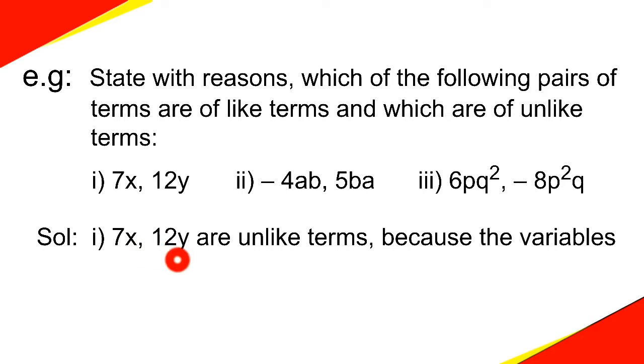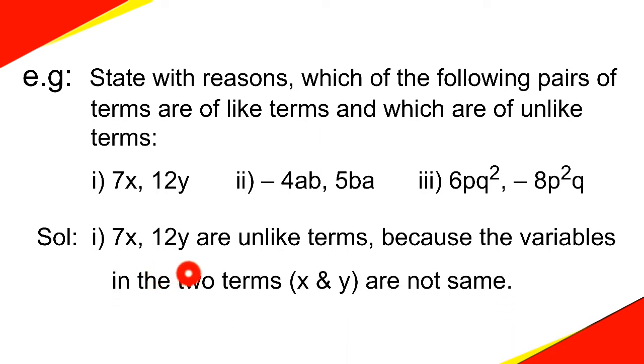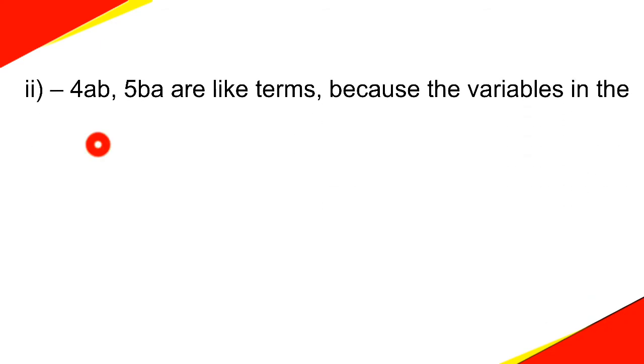7x, 12y. Here is there any common factor among these two? No. So what we can say? 7x, 12y are unlike terms because the variables in the two terms, x and y, are not the same. Okay. Second option, that is minus 4ab, 5ba. Here is there any common term?